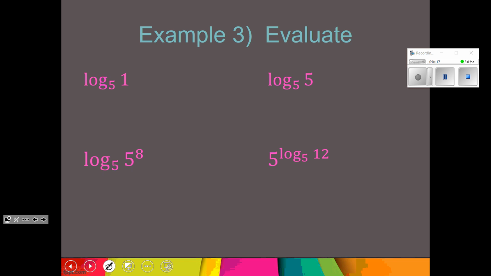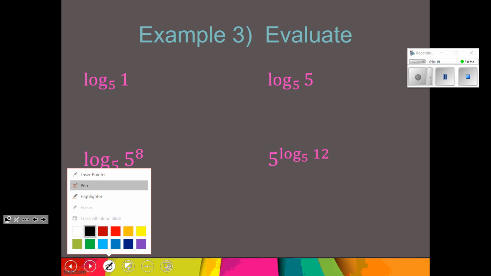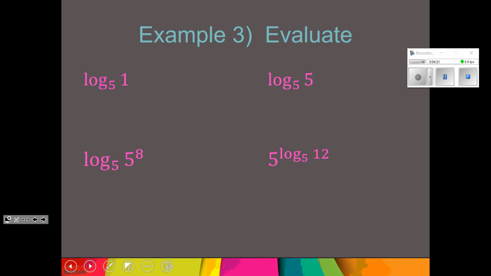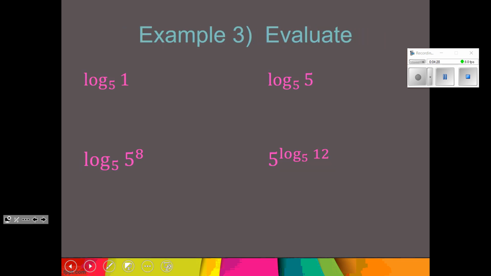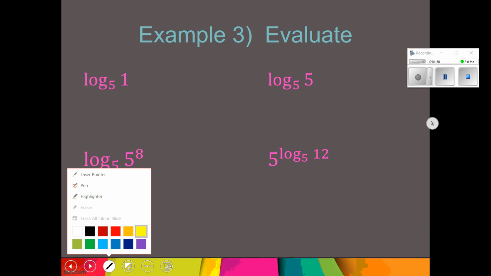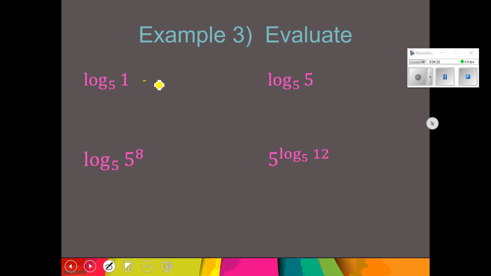Okay, so using our properties of exponents, the log base 5 of 1, what will give us a 1 as an outcome? Anything that is raised to the 0 power. The log base 5 of 5, what will give us an outcome of the same thing?